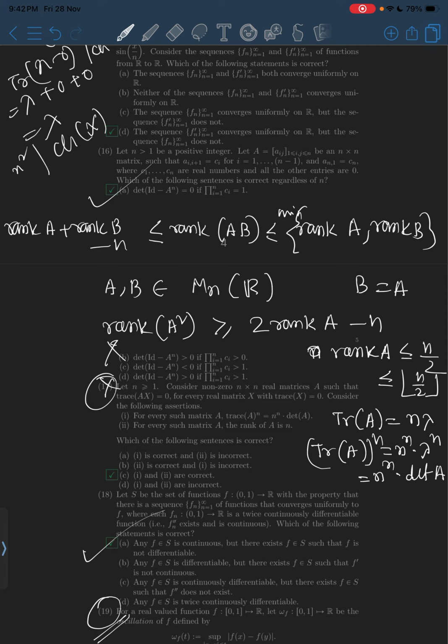So all the diagonal entries are lambda. And for every such matrix, the rank of A is also n, because A is non-zero. So lambda cannot be 0, and if lambda is non-zero, then lambda I must have rank n. So both 1 and 2 are correct. So these are the entire solutions.